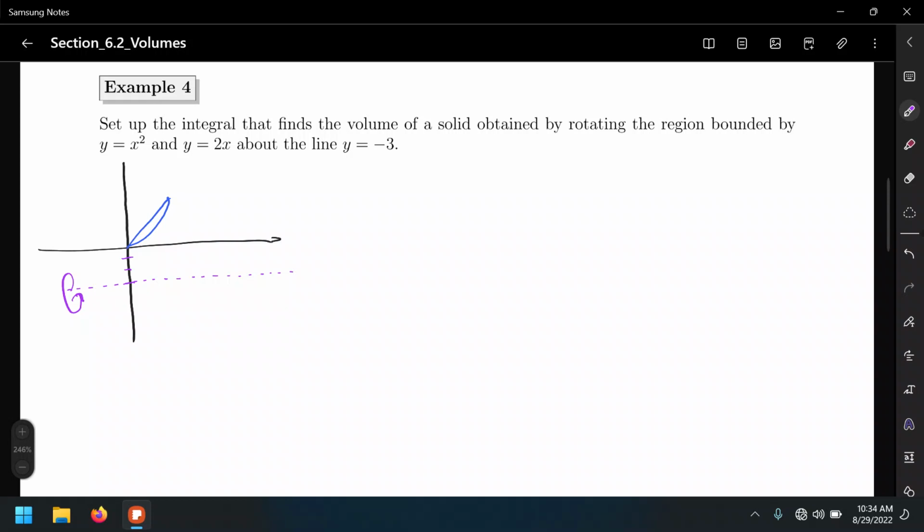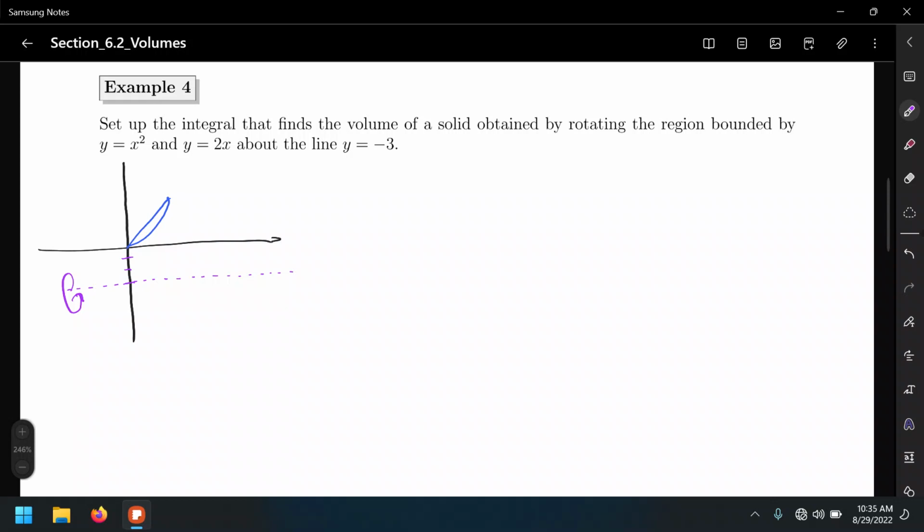What would be the end result here when we rotate about the line y equals -3? That shape right there will be mirrored. So from the axis of revolution, the region right here, do you see how it is 1, 2, 3 units away from the axis?